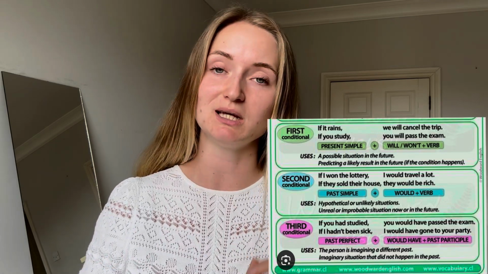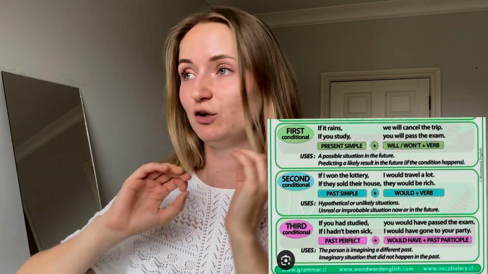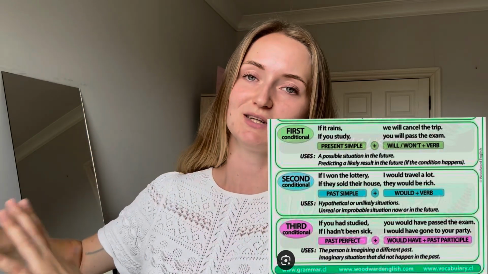And the third conditional is me imagining something in the past. The third conditional is me trying to create an alternative reality in the past. It did not happen. None of those things happened. I'm staying in the past and I'm just creating alternative reality in the past.